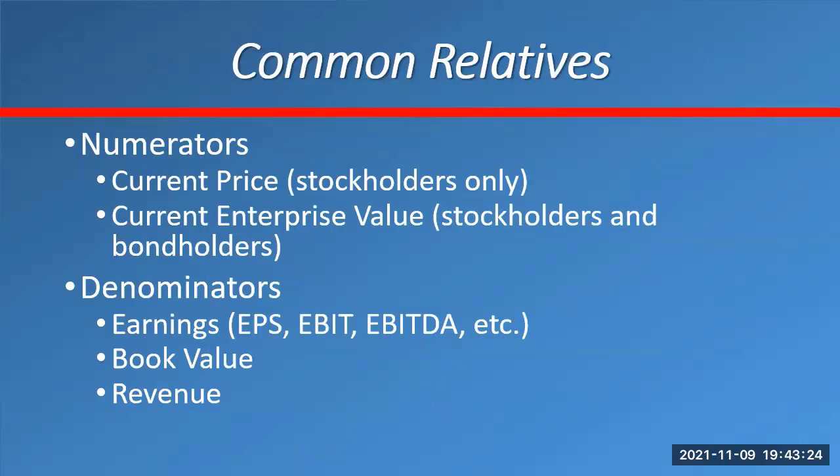So your numerators, you have two choices: price or enterprise value. And your denominators, you have many choices, but they're related to earnings, book value, or revenue. Now you can do other things. Like with Tesla, I did enterprise value to number of cars sold. I just wanted to see, and they're just off the charts versus other auto manufacturers.